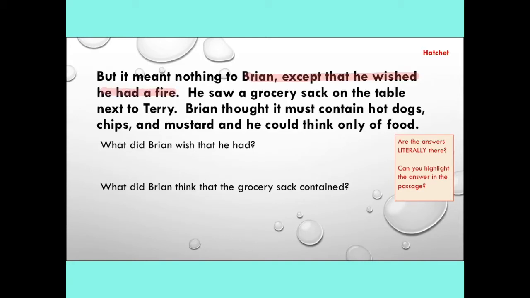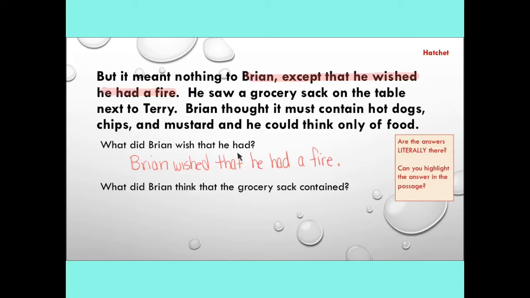When I go to respond to this question, I would restate the question in the form of a response. Brian wished that he had a fire. So I am restating the question.